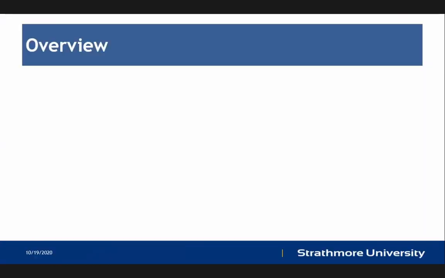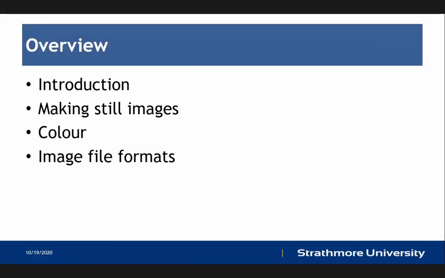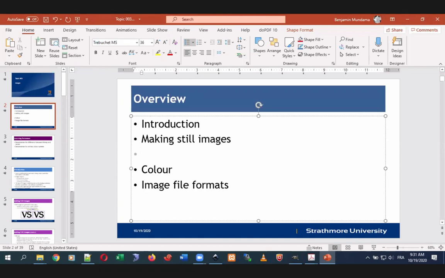In this chapter, we are going to cover the making of still images. There are many ways you can use to come up with a still image. And then image format. We're going to look at vector images.